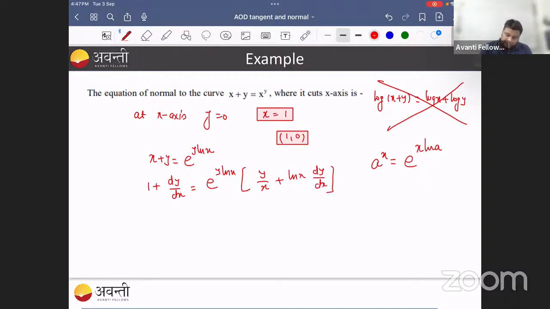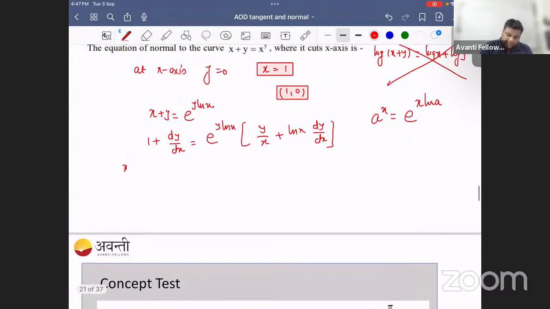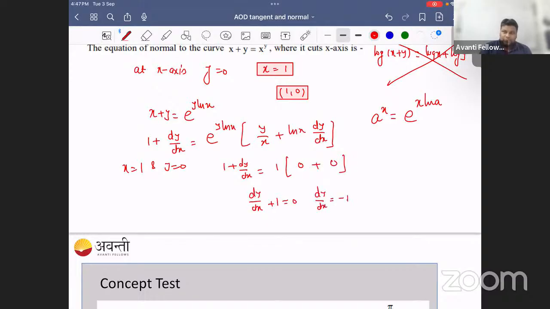Now in this entire equation, put x equals 1 and y equals 0. So 1 plus dy by dx is e to the power 0, which is 1, into 0 plus ln 1, also 0. So dy by dx plus 1 is 0. Then dy by dx is minus 1.